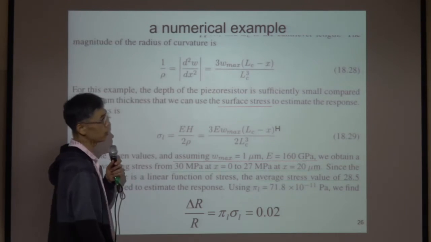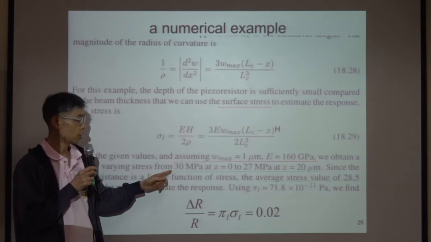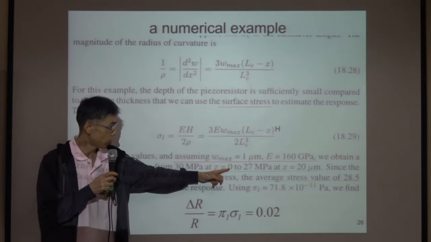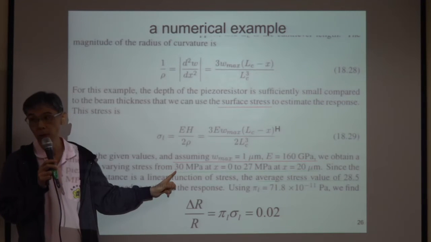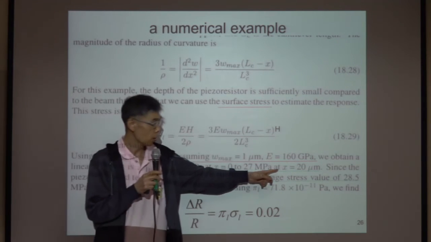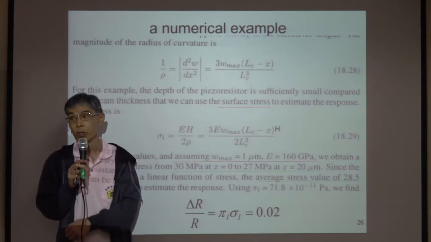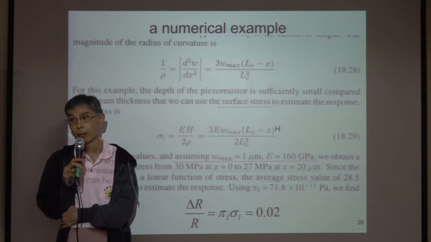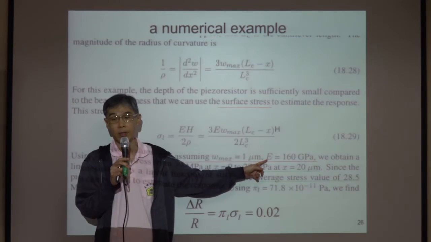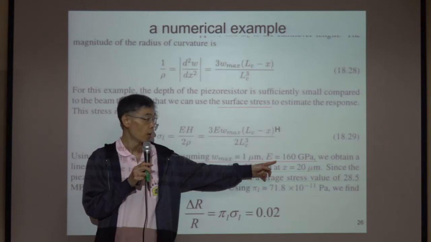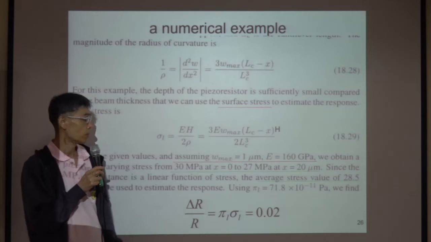So when x equal to 0, you can calculate the initial stress of the piezoresistor. When x equal to 20 micro, you can calculate the stress at the location of 20 micro, and use the silicon Young's modulus, 160 gigapascal, for the value of E.